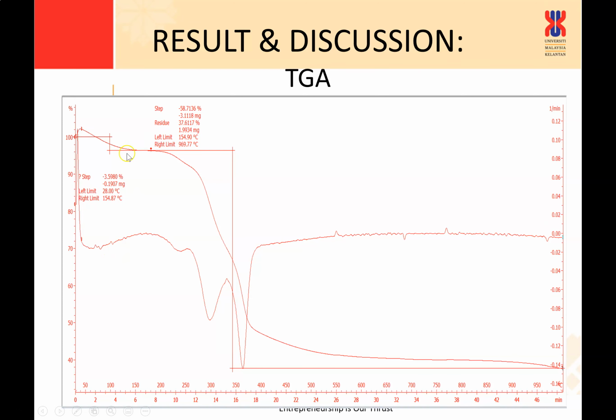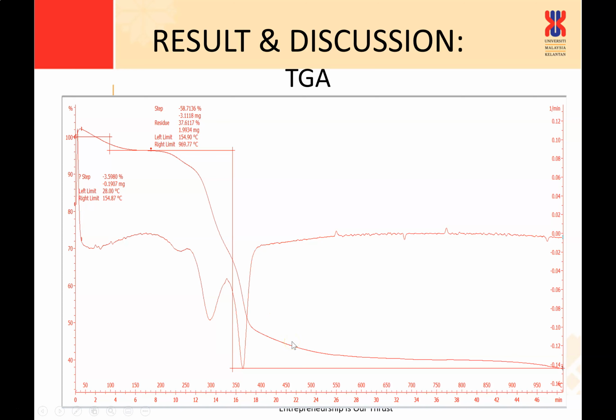And secondly, a significant mass loss of 58.1% occurred from 180 degrees C to 550 degrees C due to the degradation of raw corn cob and distillation of oleophilic material.